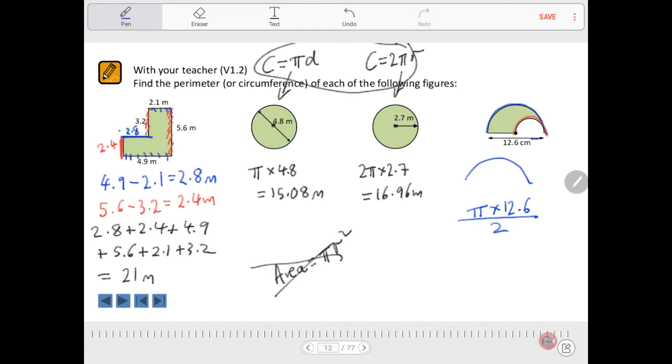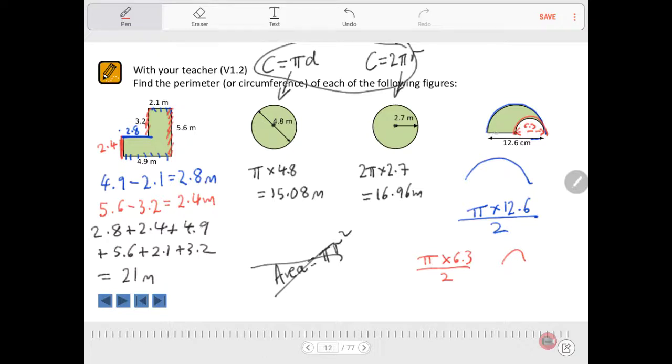Okay, now the red section is similar, this smaller bit, except that the diameter is only half of 12.6, which of course is 6.3. So pi by 6.3 over 2.